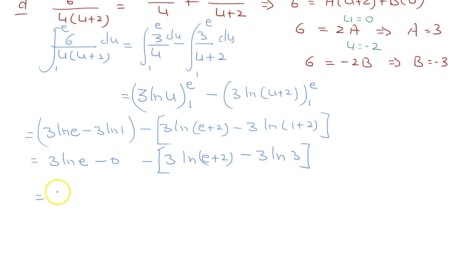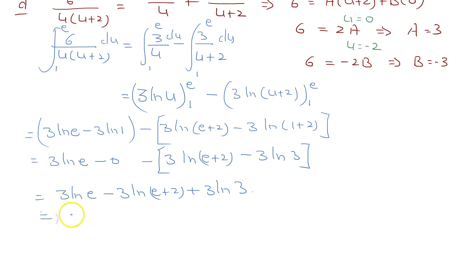So you can write your answer as 3 ln e minus 3 ln e plus 2 plus 3 ln 3. There are other ways to write the answer, but if you can write this answer, you will get full marks.